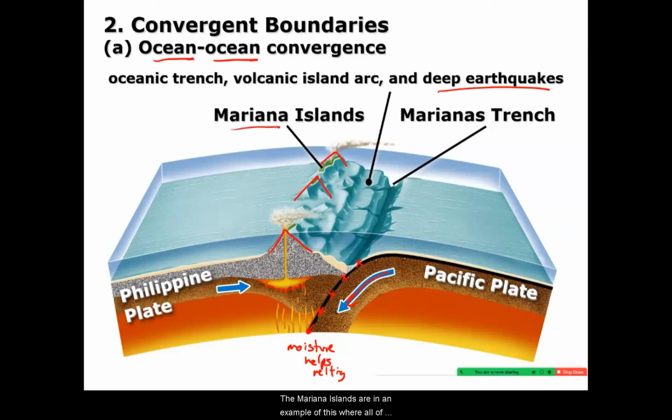The Mariana Islands are an example of this, where all of these islands are volcanic, but they're right next to what is actually the deepest part of Earth's ocean, the Marianas Trench. That's the actual trench where the plates are subducting the deepest, and you still have expression of the surface ocean there. So that's what we call an oceanic trench.